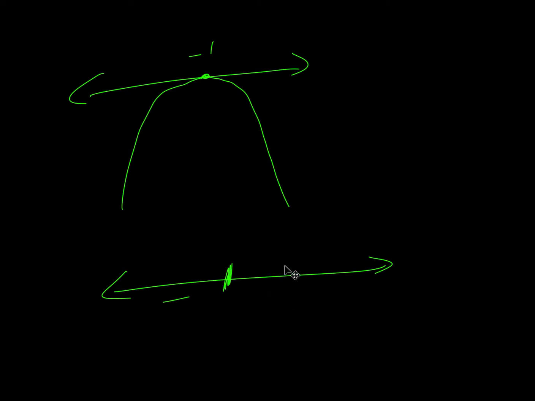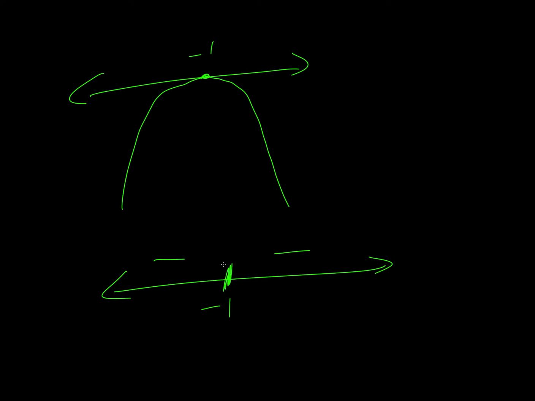Negative, negative at -1, and then just that one spot, we know that it just touches right there. So in general, when a linear factor has an odd power, there is a change of sign about 0. And when a linear factor has an even power, there is no sign change about that 0.